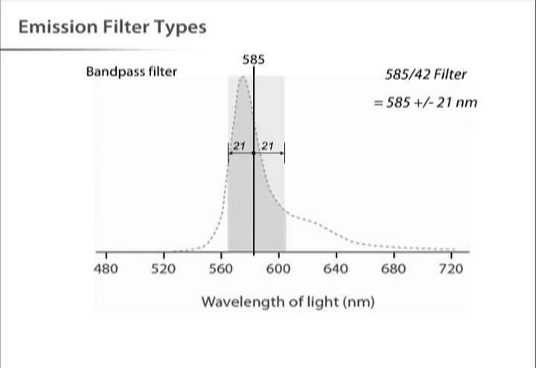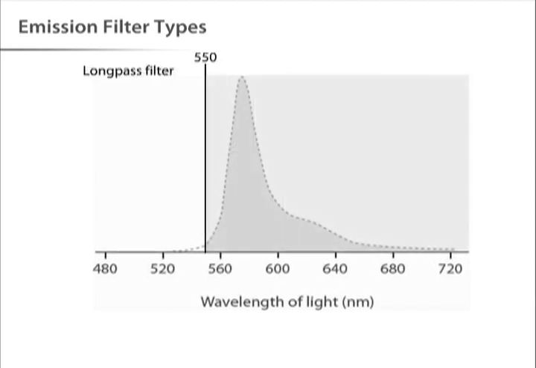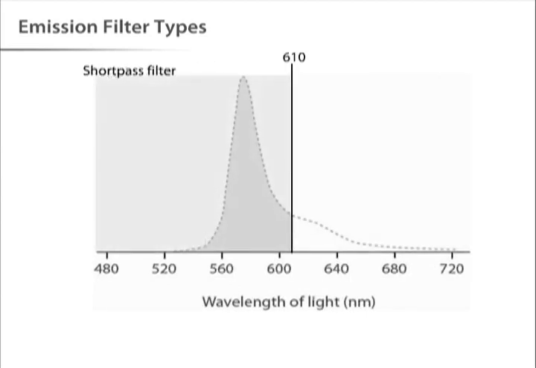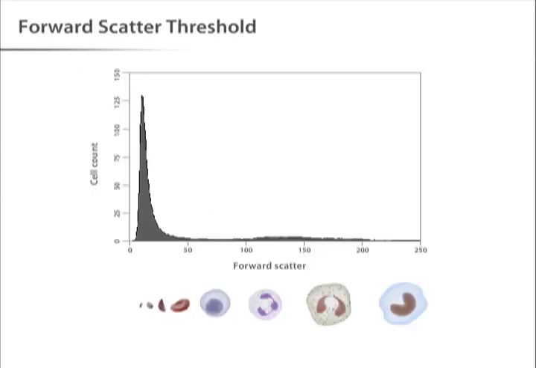So this filter optimally passes light in the wavelength range of 564 to 606 nanometers, which corresponds to the emission peak of RPE. Other filters used to resolve this peak include a 550 nanometer long pass filter and a 610 nanometer short pass filter.